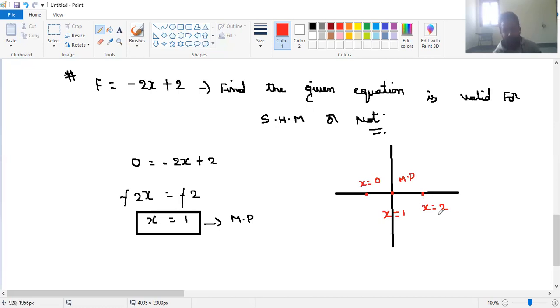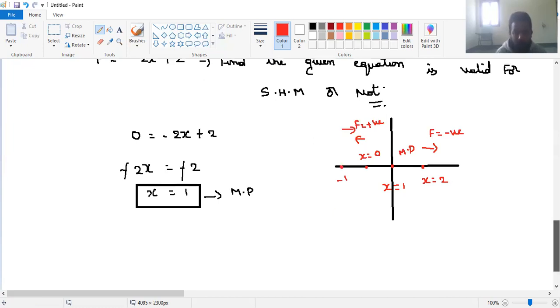Because rightward, if I am moving 1, 2, 3, 4 and so on, that means if I am moving in this direction, then force should be obtained as negative. And for 0, minus 1, minus 2 and so on, if I am moving in this direction, then force should be obtained as positive. So this is the funda which I am taking into consideration.